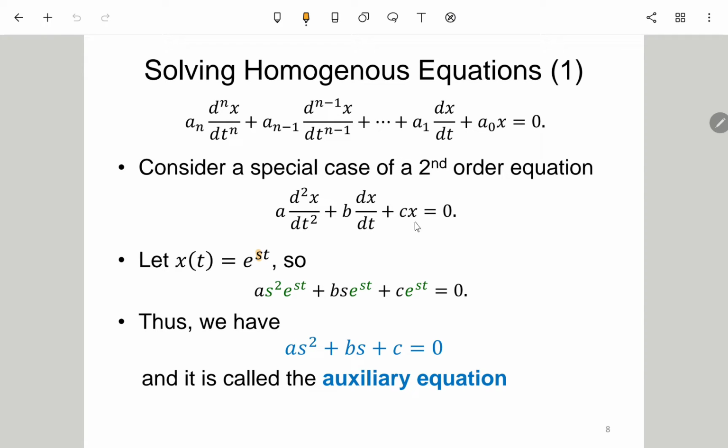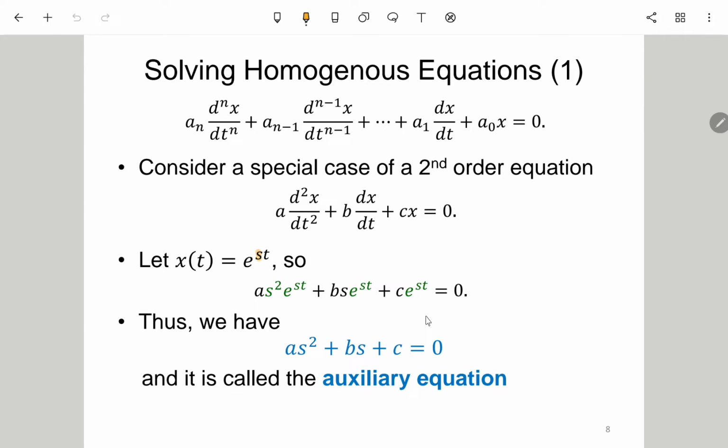For the last one, the easiest, we just put it there. So we have c times exponential to the st equals 0. After plugging the assumed solution back into the homogeneous differential equation, we have an equation like this.